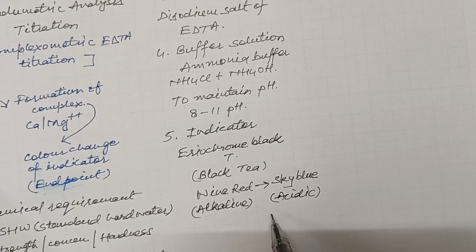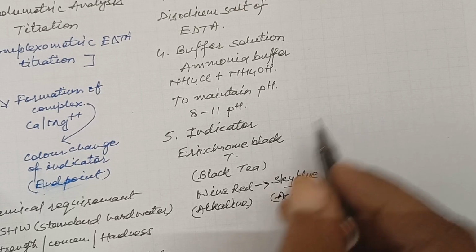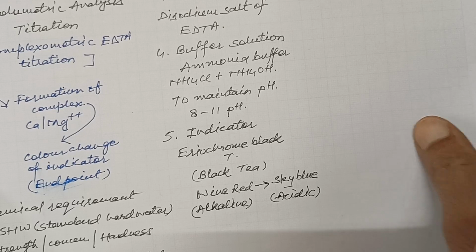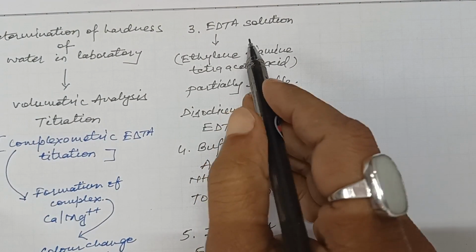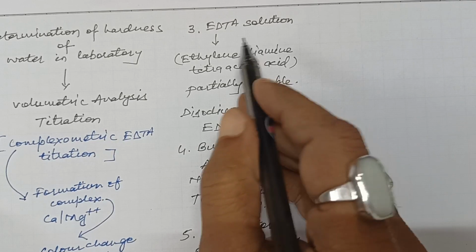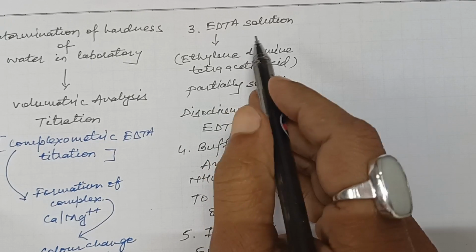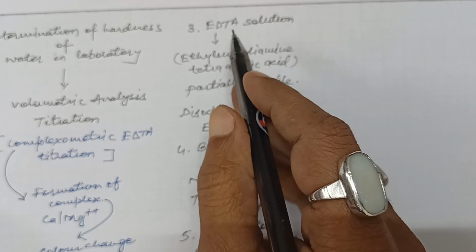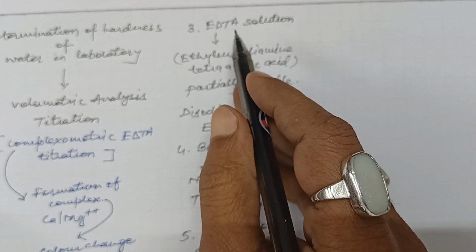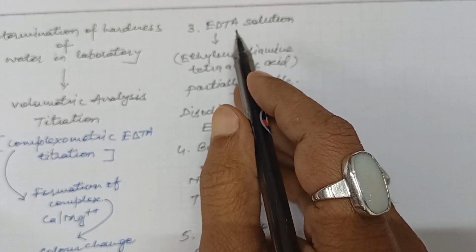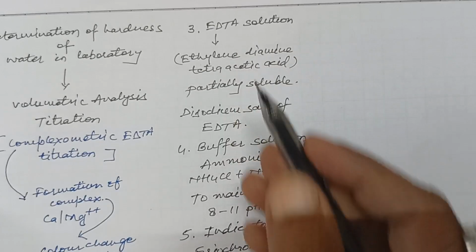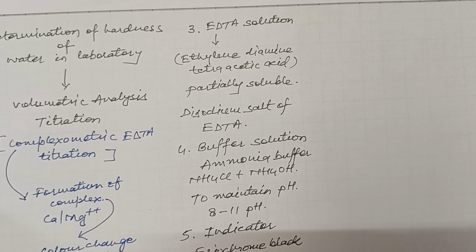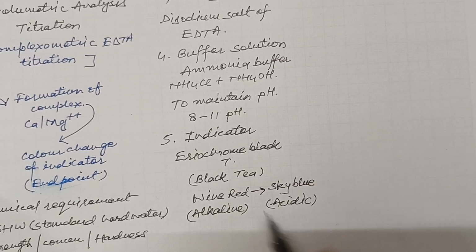When we add this EDTA solution from the burette, acid is introduced into the conical flask, which turns the medium from alkaline to acidic.